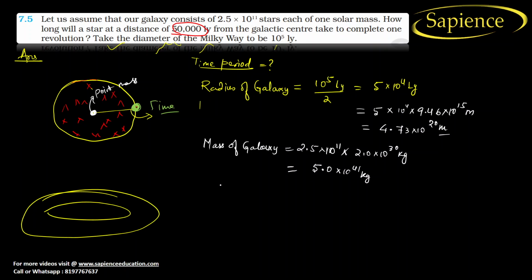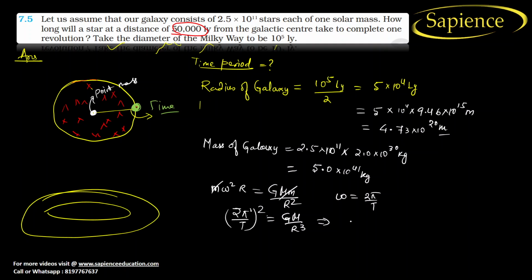So one equation will be m ω² r = G M m / r². The m gets cancelled out, and we know that ω = 2π/T. So (2π/T)² = G M / r³. From here we find that the time period T = 2π √(r³ / (G M)).